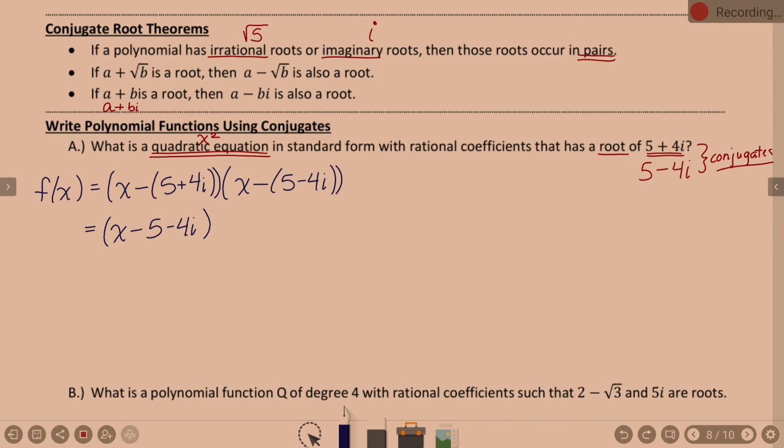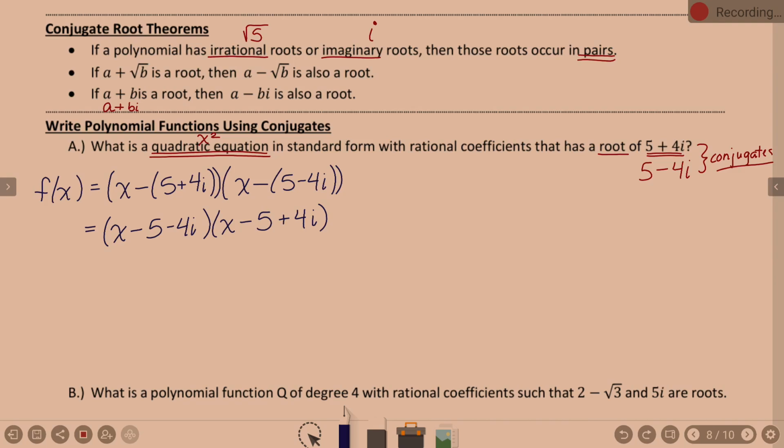Do the same thing with the other one. It was x minus the quantity 5 minus 4i, so x minus the 5, and minus a negative 4i is going to be plus 4i. Okay, guys, those are your 2 factors you need to multiply.